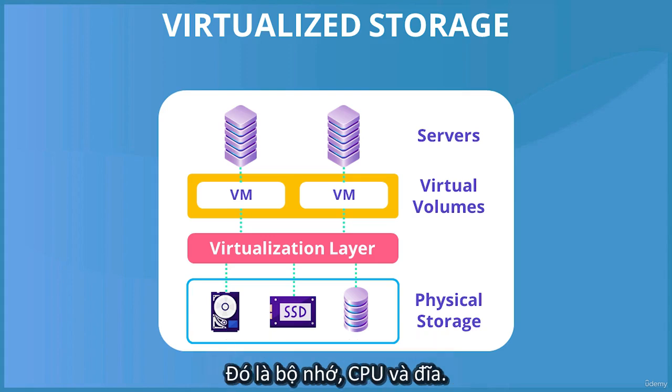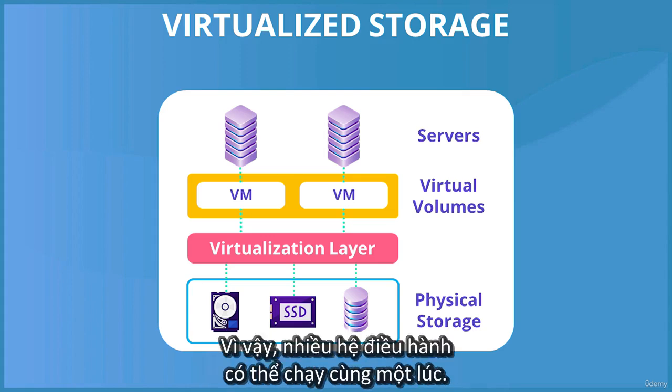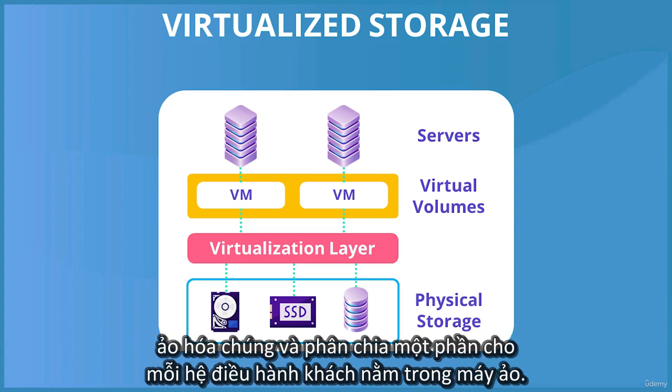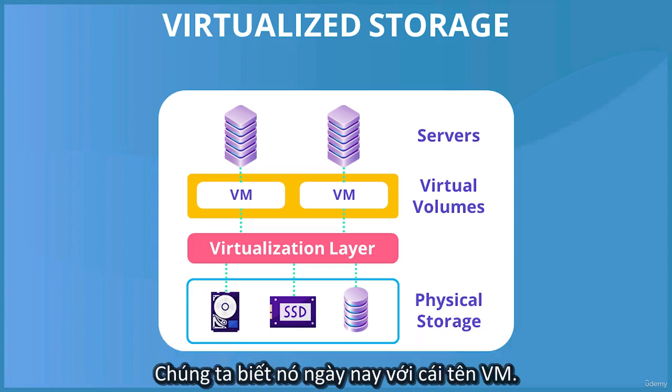That's the memory, the CPU, and the disk, so multiple operating systems could run at the same time. They created a layer called a hypervisor, and this divides up those physical resources, virtualizes them, and carves off a piece for each guest operating system. That is, the virtual machine. We know it today as a VM.